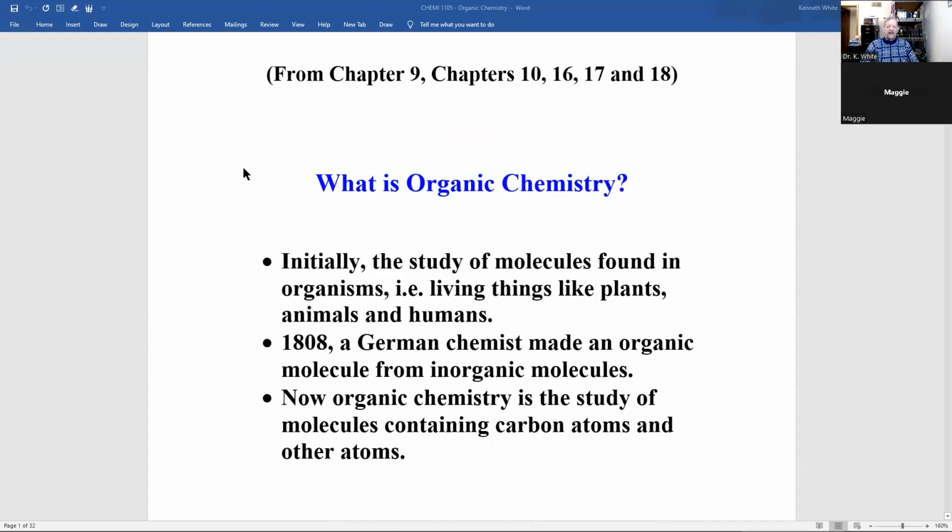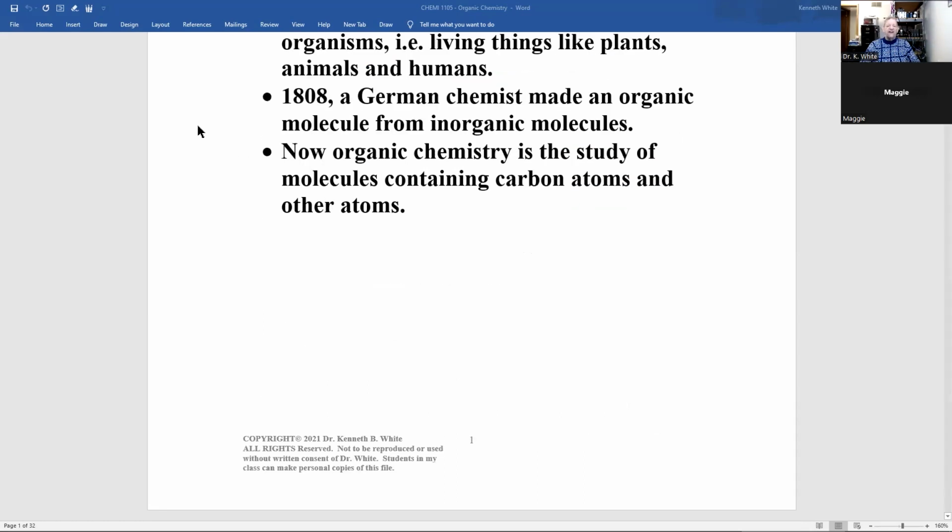Now, what is organic chemistry? It's initially the study of molecules that were found in things that were alive, like plants, animals, and us, humans. And in 1808, a German chemist made the first organic molecule from inorganic molecules, which was a great breakthrough.